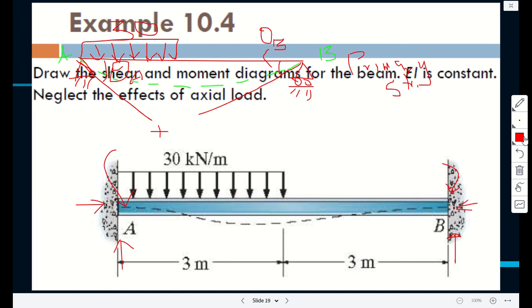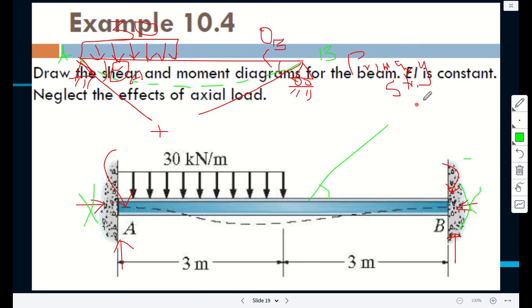And of course, by common sense, these ones are zero because you can only have a horizontal reaction if, for example, the load was at some angle. That's one option. Or if there was a horizontally externally applied load, which is not in this case.